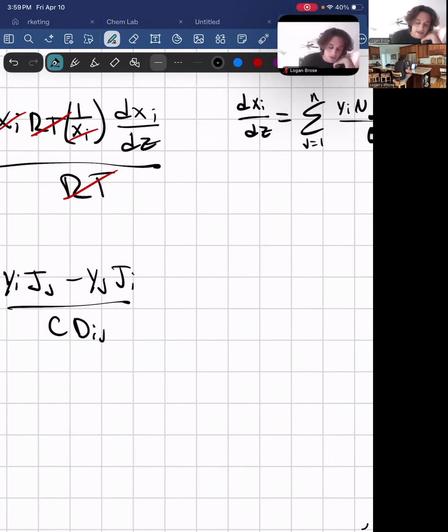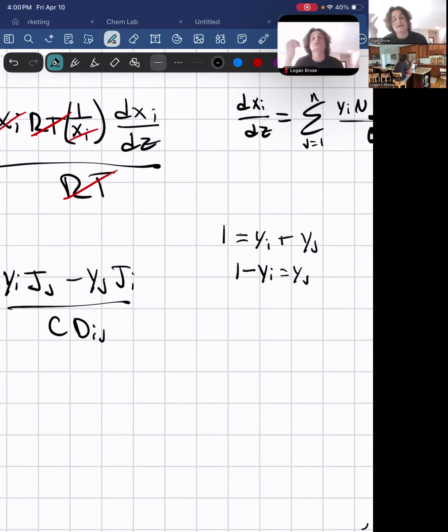In a two-component system, which is what we're assuming this is, when we're assuming the gradients at standard state, the sum of the mole fractions has to equal 1, right? So yi plus yj equals 1. So you can write this as 1 minus yi equals yj.